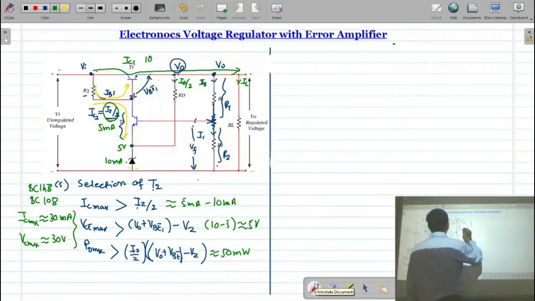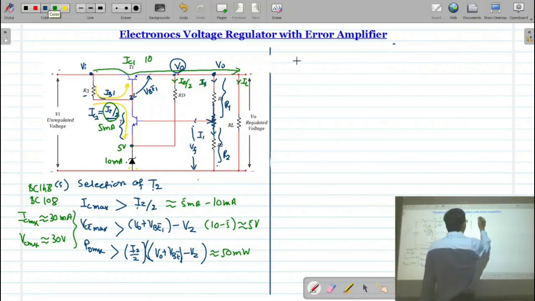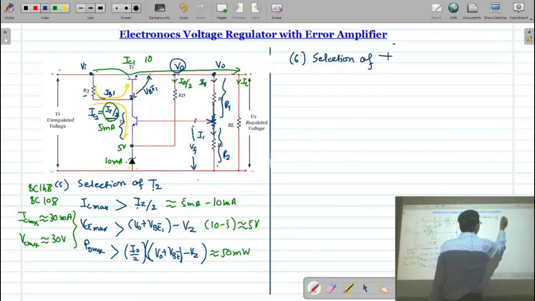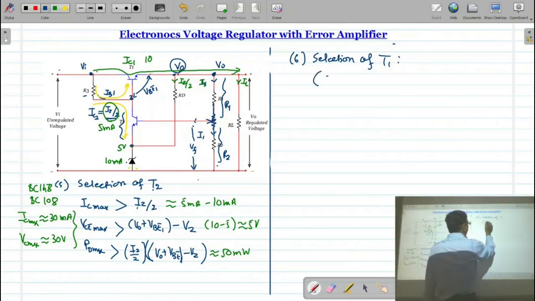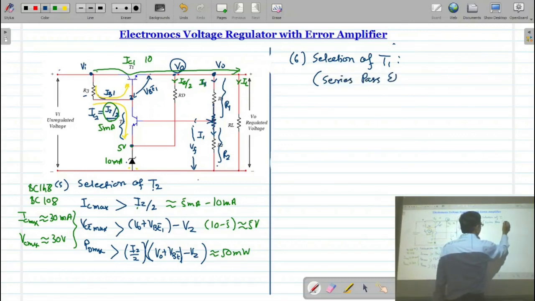Now, selection of T1. That is the series pass element. Correct? It is my series pass element.